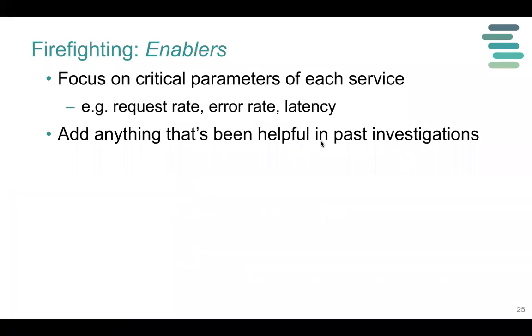So, when you're setting yourself up for firefighting, again, anything that's come up as relevant in a past investigation is worth including on your troubleshooting dashboard, as well as critical parameters of each of the major services in your system, amount of traffic, error rates, things like that. So if none of the specific signals that you've flagged in the past are jumping out at you, then at least you'll have this high level overview of your system health to guide you.